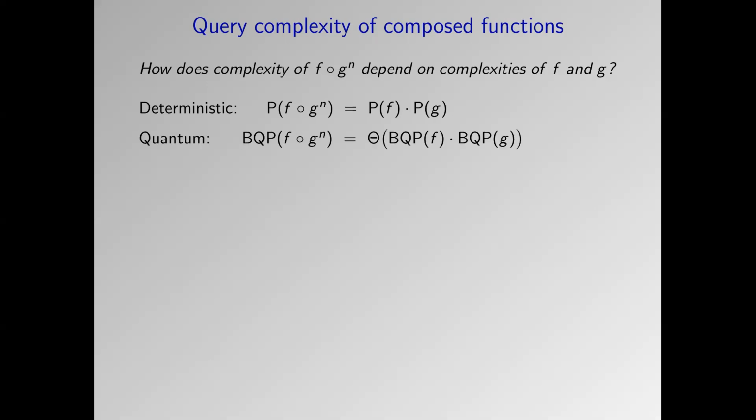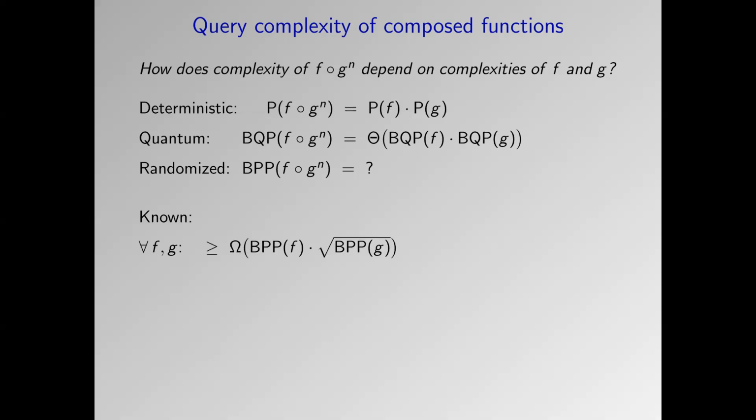For quantum query complexity, the relationship is known to be multiplicative within a constant factor, but that's not trivial to see. For randomized query complexity, this turns out to be quite subtle and interesting. The dependence is not so simple, and in recent years, there's been a big flurry of work on this question.